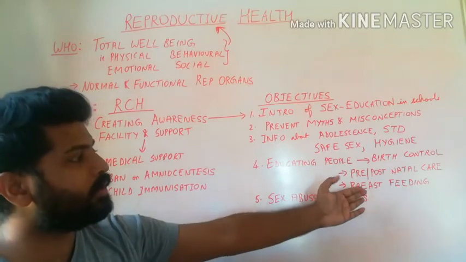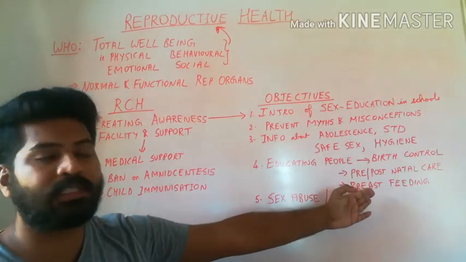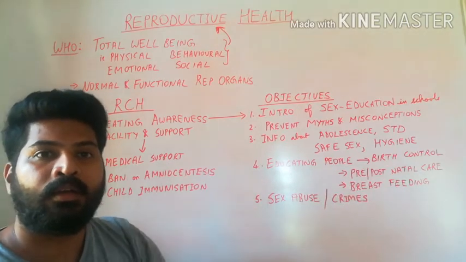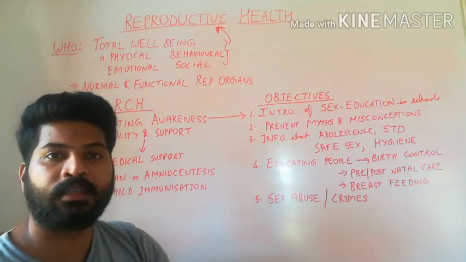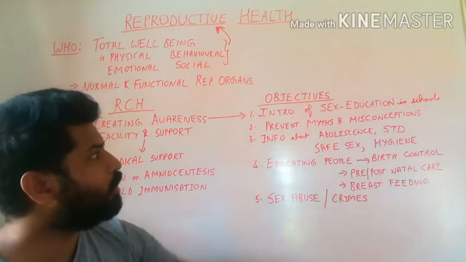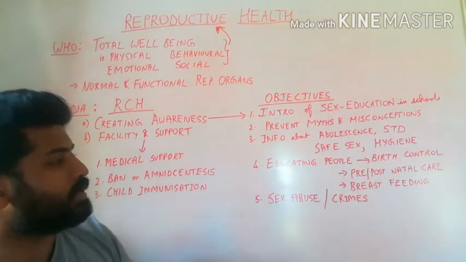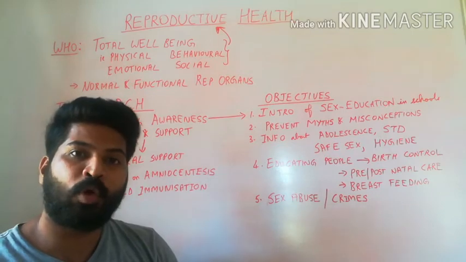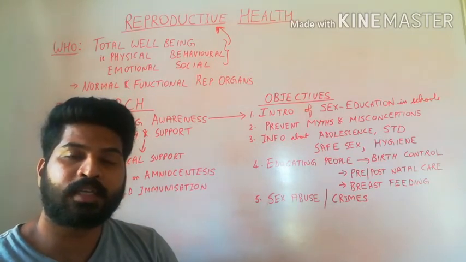Also, educating the mother about breastfeeding and its importance to prevent any diseases in the newborn child. All this will come under creating awareness, and most importantly, to promote a healthy sexual society.